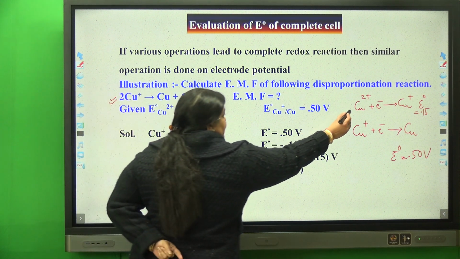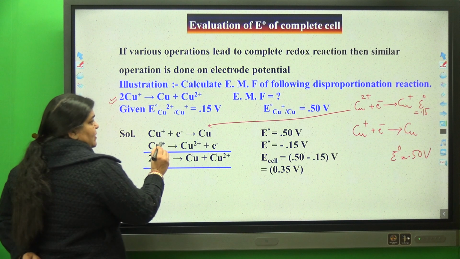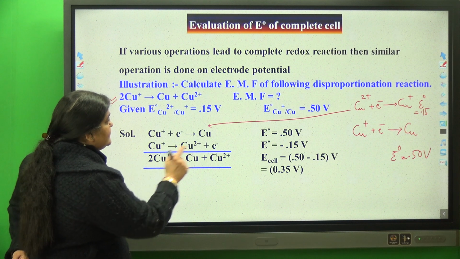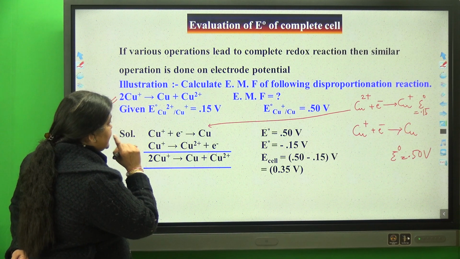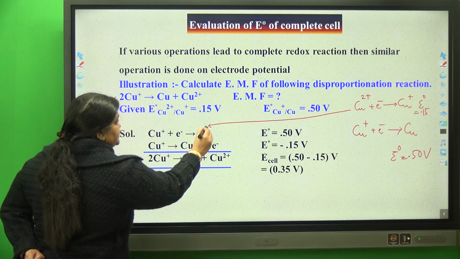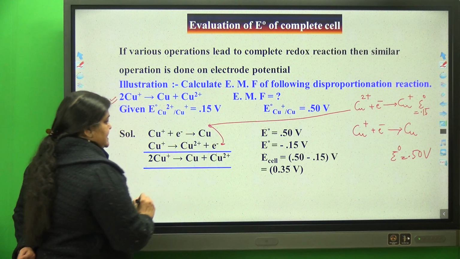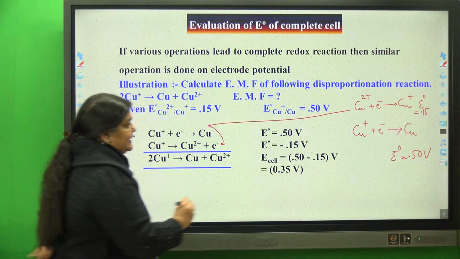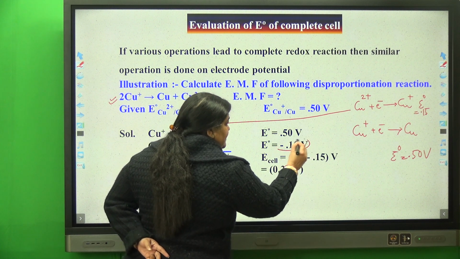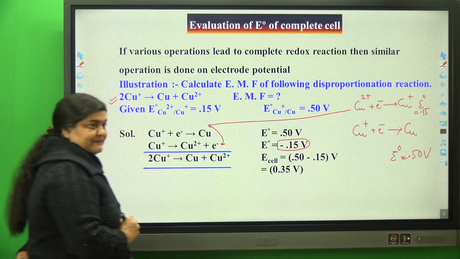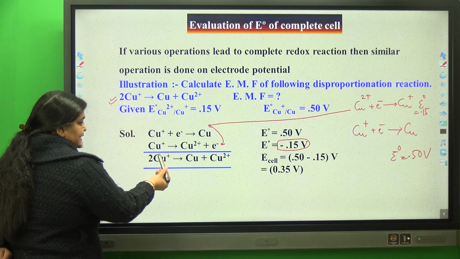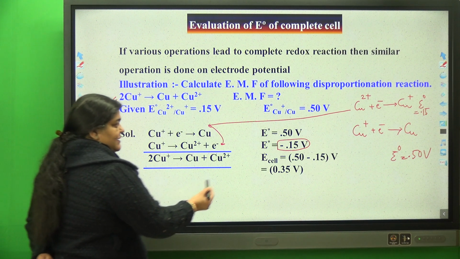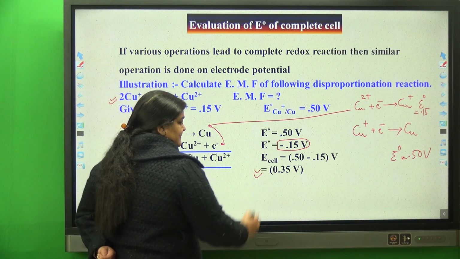The second equation is as such, and the first equation we want to reverse: copper + giving copper 2+ plus electron, and accordingly we have made it minus 0.15 volts. If we add these two equations, we get this disproportionation reaction, and accordingly we have got the EMF of the cell.